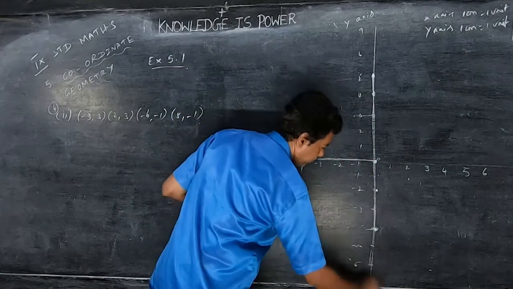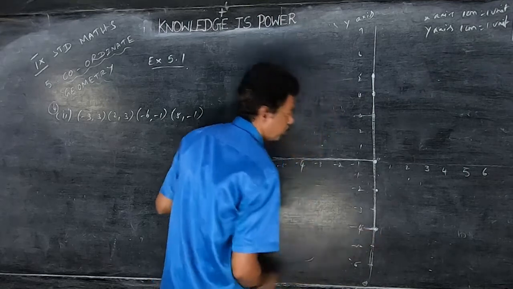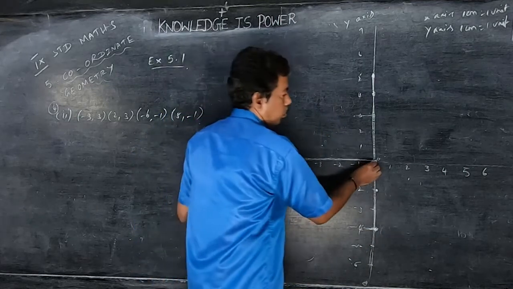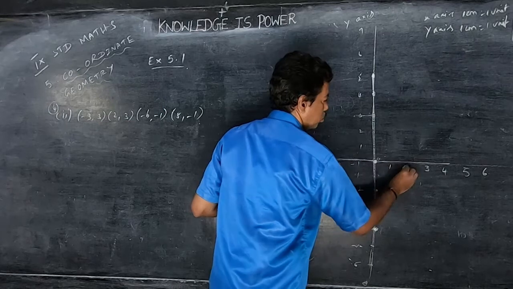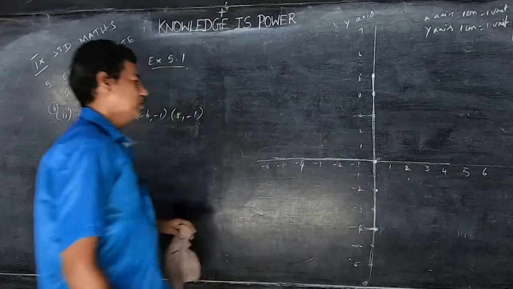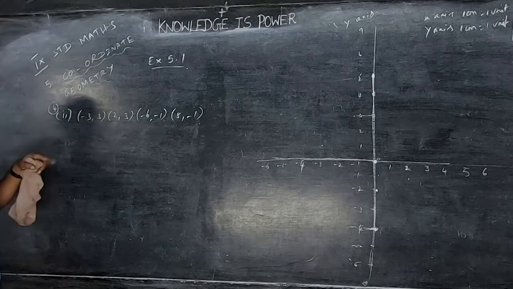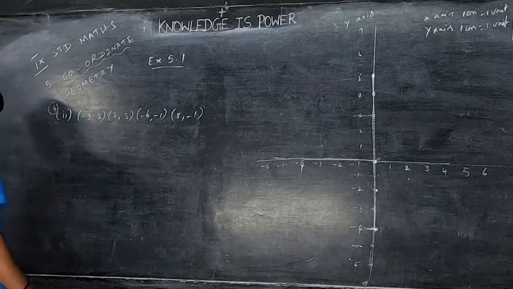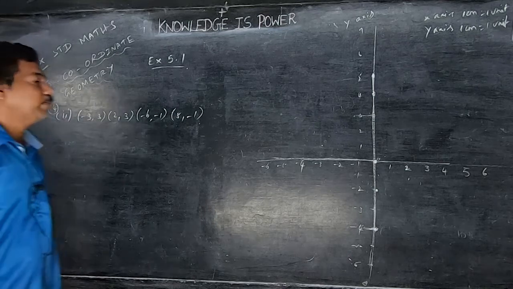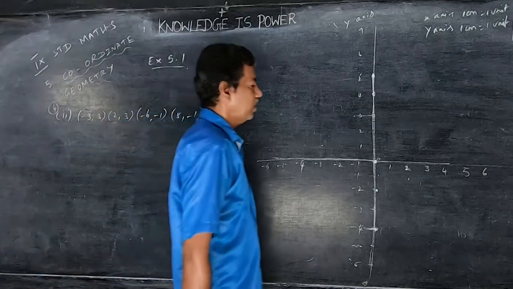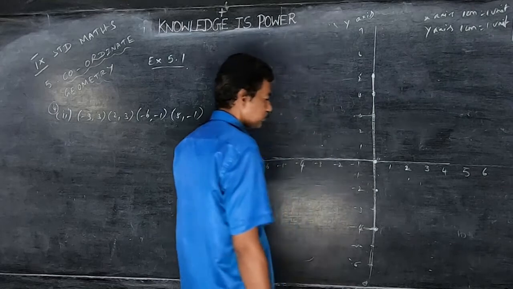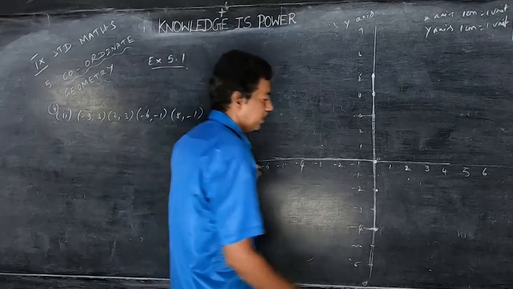Minus 4, here will be minus 4, as usual 1, 2. Now you see the first point, minus 3, 3.